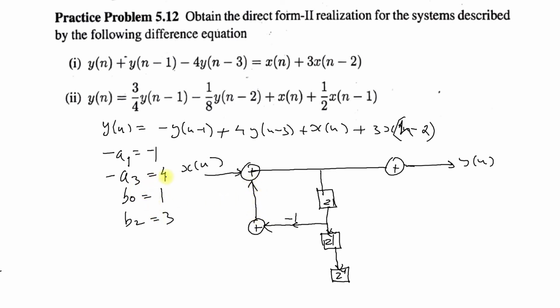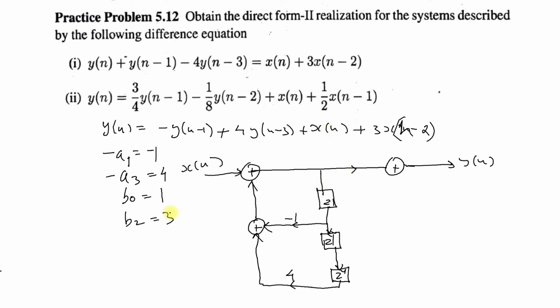Then we have a3. We don't have the a2 coefficient. So we can write this one as minus a3 equal to 4. Then coming to the right side we have x of n, that is b0 equal to 1 itself.